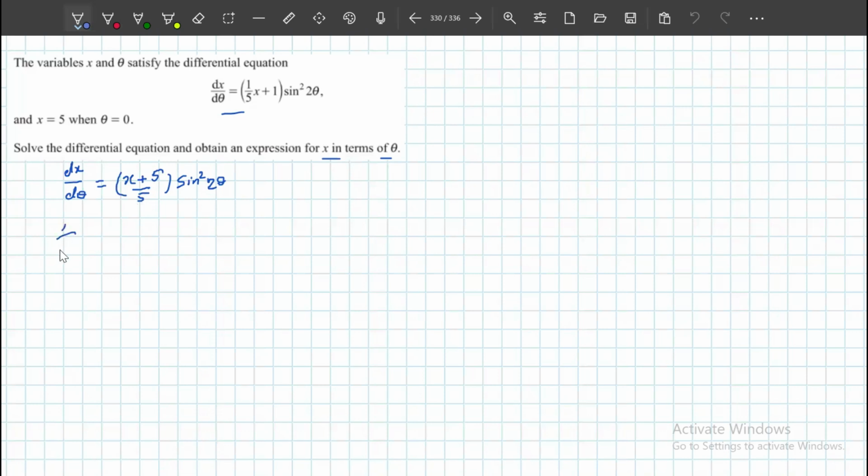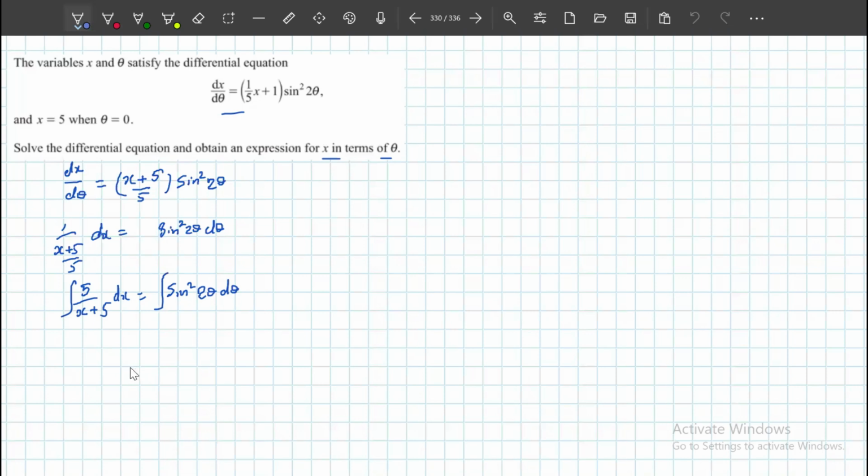It is 1 over (x plus 5) over 5 dx is equal to sine square 2 theta d theta, and then one more step, we can write 5 over (x plus 5) dx equals sine square 2 theta d theta. Remember, now it's separated, so we can apply integration as well. But remember that the left hand side integration is very easy.